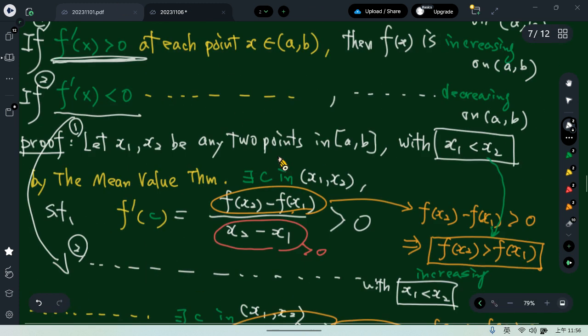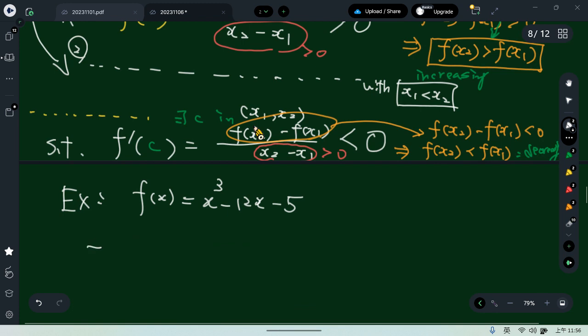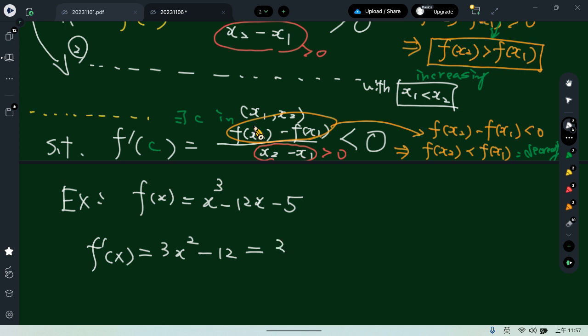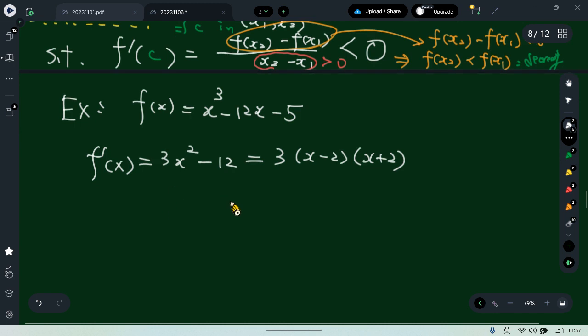If I calculate it, we get 3x squared minus 12. So we just factorize it: 3 times (x minus 2)(x plus 2). It's not that hard. You can do it by yourself, right?